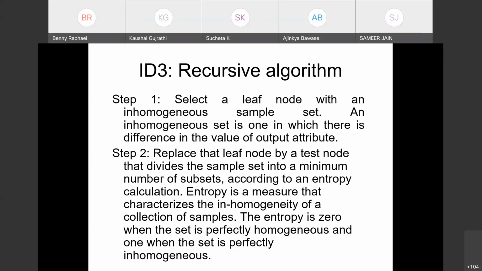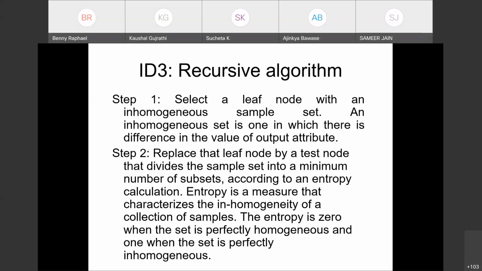This ID3 algorithm works like this. You try to find one variable which separates the data into homogeneous subsets. So you calculate the entropy and the change in entropy as you select each variable, and you select the variable with the maximum change in entropy.